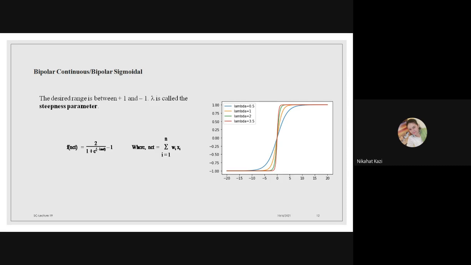What is e raised to infinity? Infinity. So 2 over infinity is 0, and 0 minus 1 gives -1. So f of net will be -1 when net is equal to minus infinity. In the same fashion, if you apply net equal to infinity in this equation, what will you get?